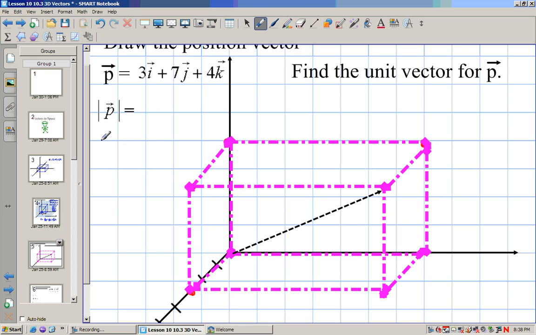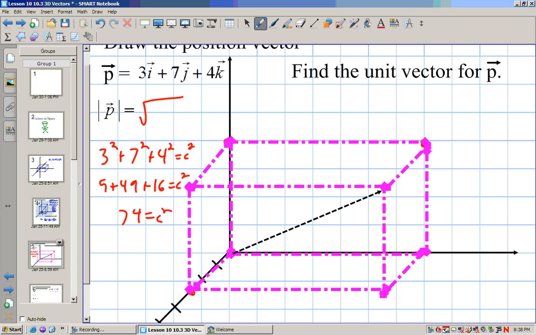To find the magnitude of p, I would take 3 squared plus 7 squared plus 4 squared. And this would be 9 plus 49 plus 16. This is 58 plus 16, which is 74. So this would be the square root of 74. 74, I don't think that divides into anything.